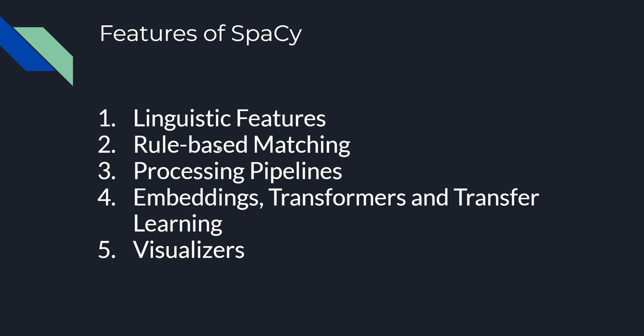Secondly, SpaCy uses something called rule-based matching. So instead of using regex, SpaCy uses a rule-based matching logic. Furthermore, it has various pipelines. Also, you can embed transformers, use your embeddings from various libraries like Gensim and Word2vec, and it has various visualizers.